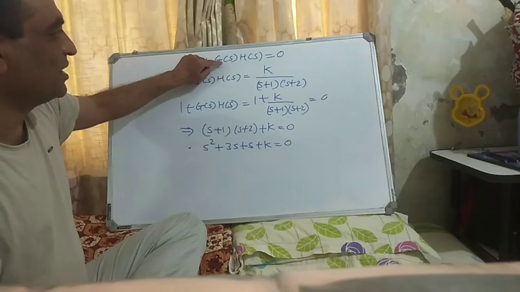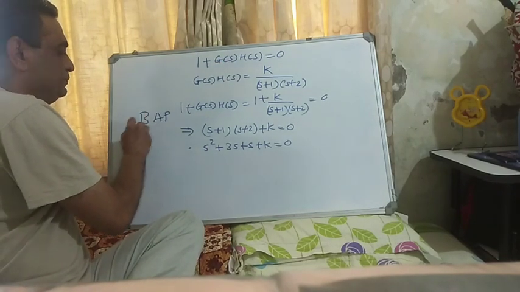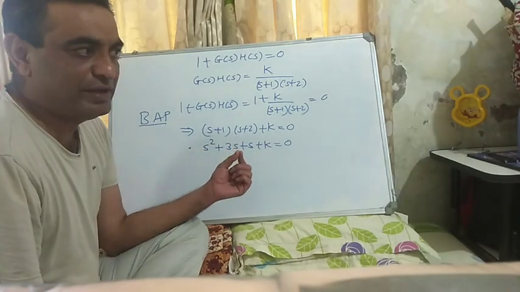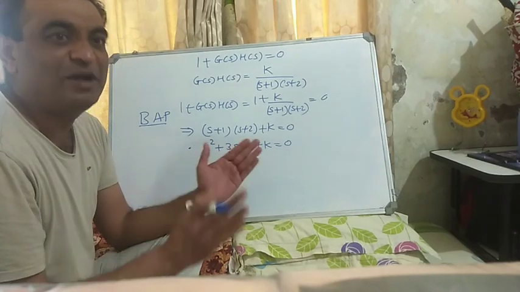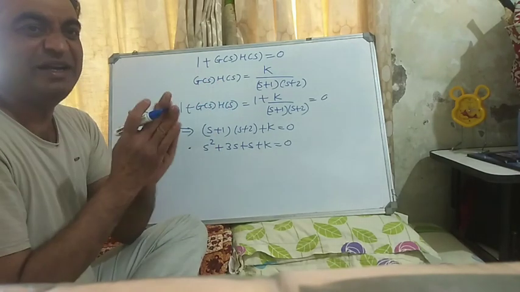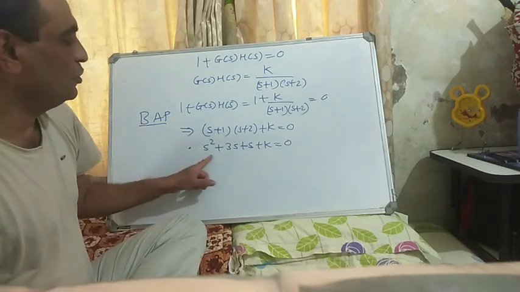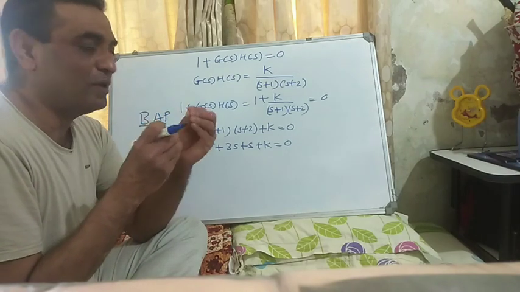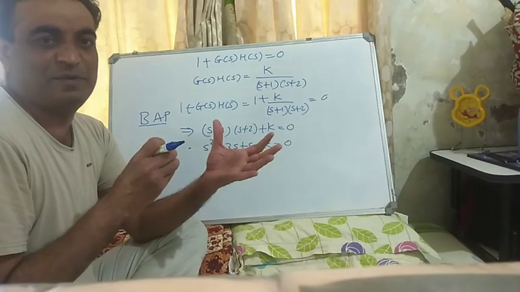Now from the characteristic equation, I can find the breakaway point. We know the breakaway point is a particular value of k for which there are multiple roots. As the two branches approach each other and meet at one point, for that value of k there are multiple closed loop poles, and the direction of the root locus changes after the breakaway point.